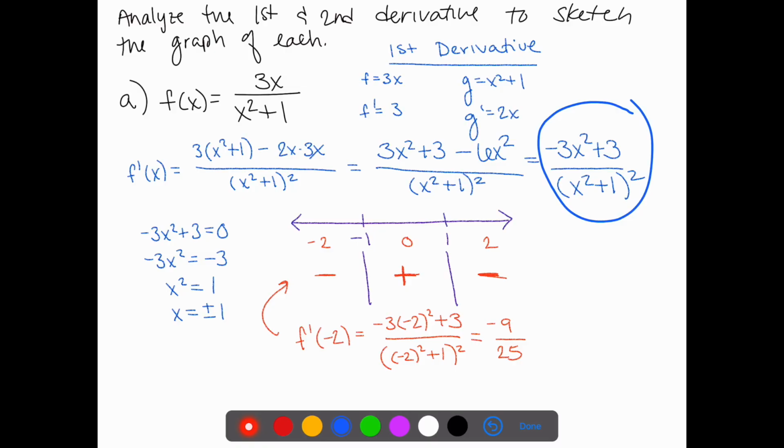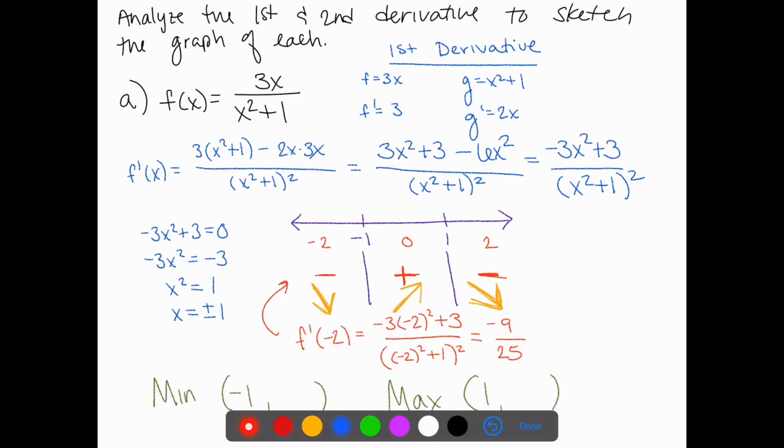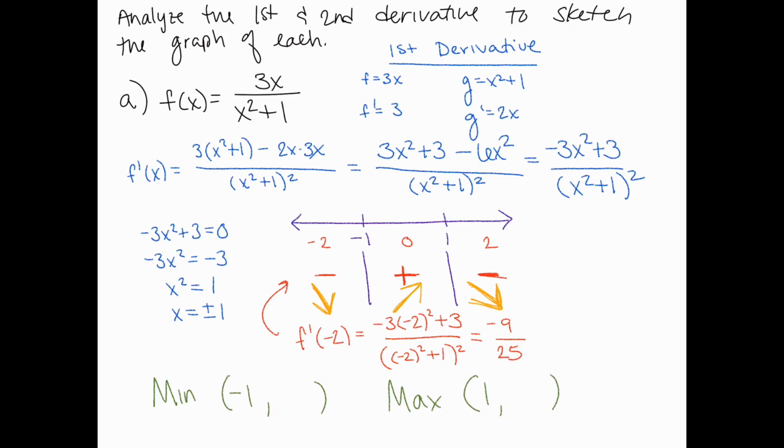So where the first derivative is negative, the function is decreasing. Where it's positive, it's increasing. So that means this function is increasing from negative 1 to 1, so in the middle, decreasing everywhere else. Negative 1 has to be a minimum, and positive 1 has to be a maximum.